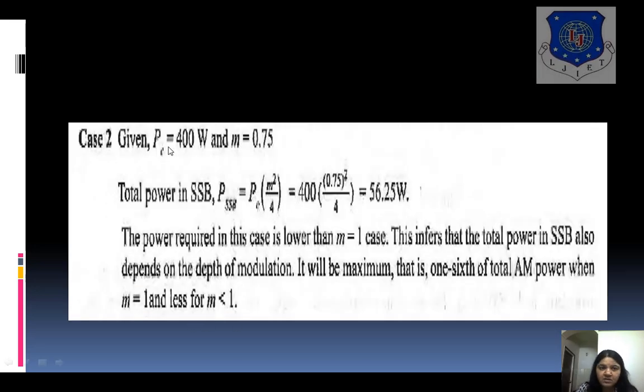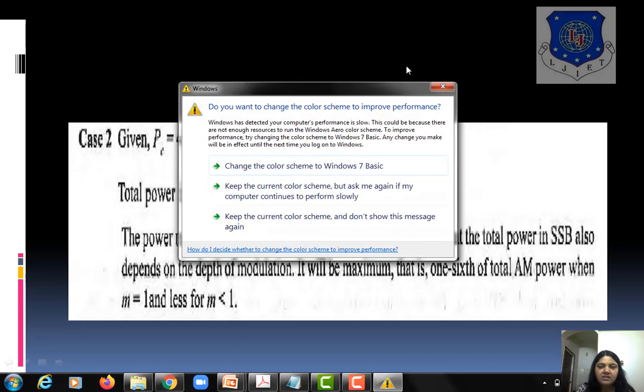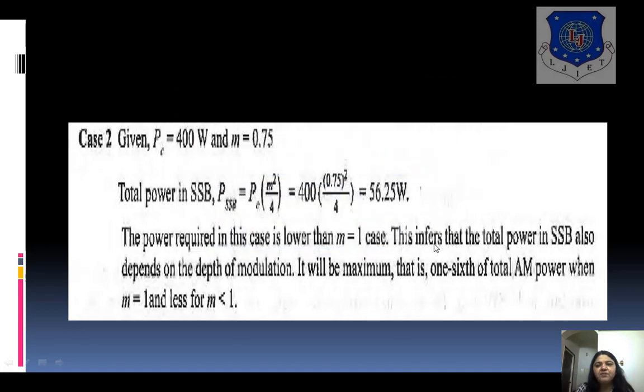Case 2. When the carrier power is 400 watt and modulation index is 0.75. So the power in the SSB, by putting the value of the small m, is 56.25 watt.